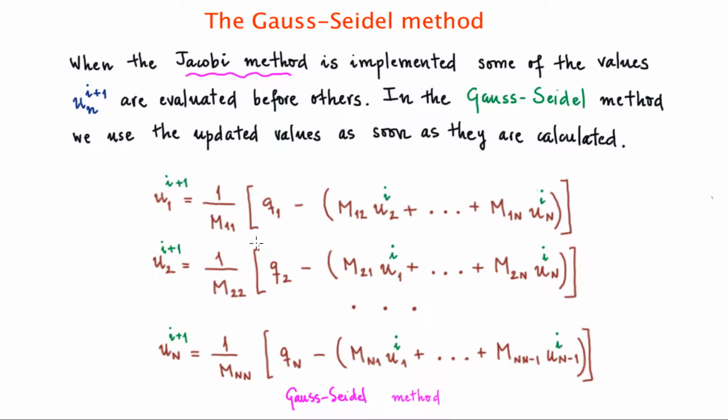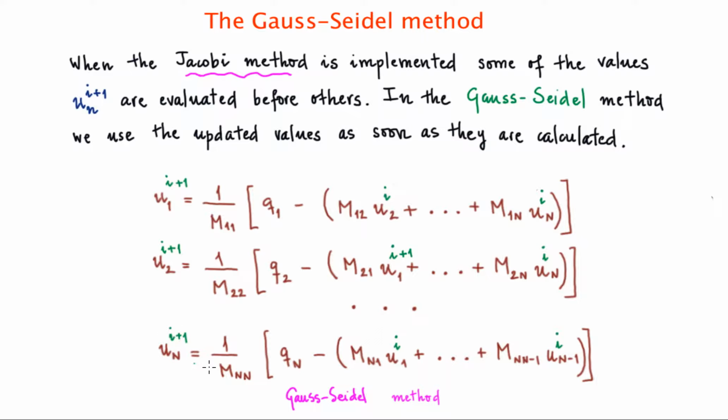Basically here, for example, we apply the Jacobi method to calculate in the new iteration the u1. So when calculating the u2 in this iteration, we are going to use the u1, not the one from the previous iteration, but the one that we have just obtained. Thus here we're going to replace that one with the new one that we have obtained. And so on and so forth.